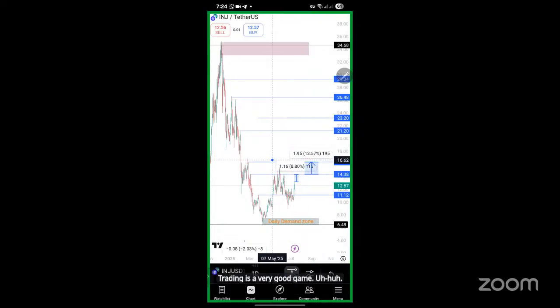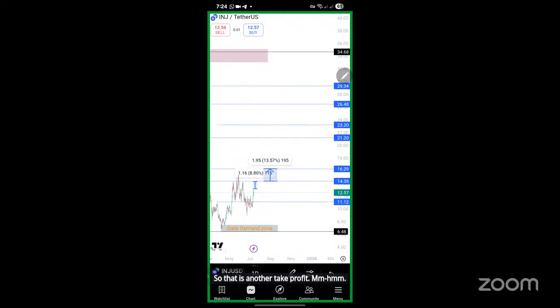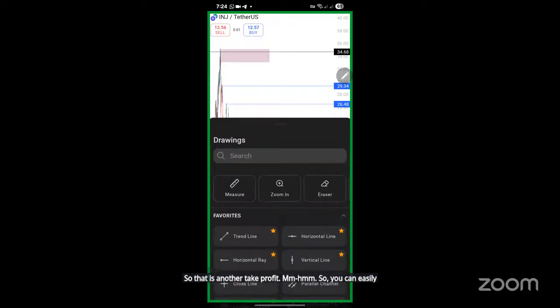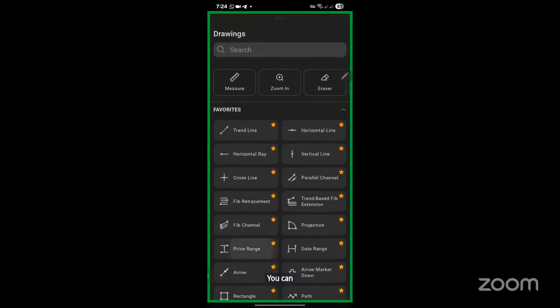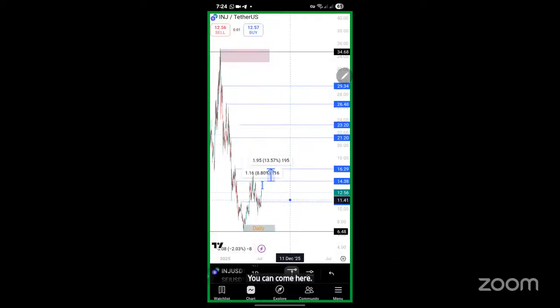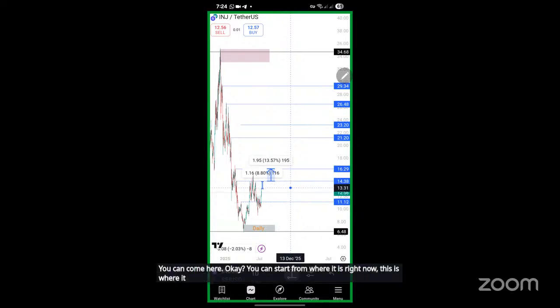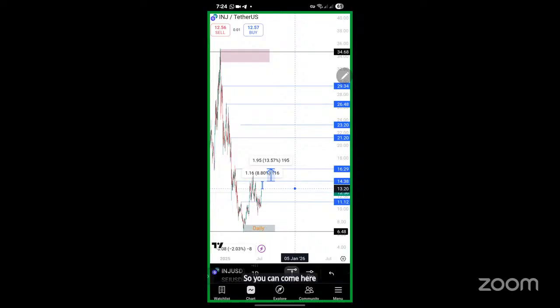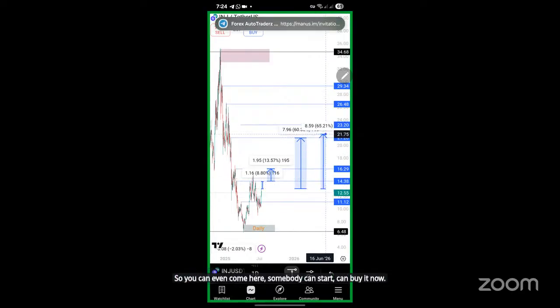Somebody can go here, so that is another take profit. You can start from where it is right now. This is where it is. You can come here like this and take profit here. Somebody can buy it now and take profit there.